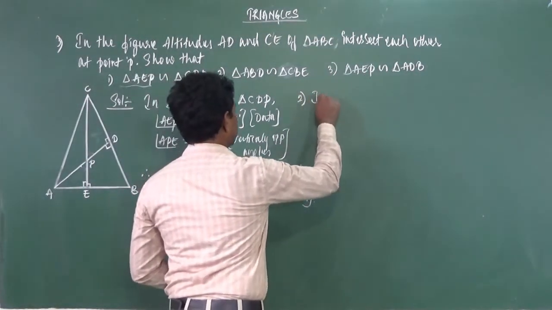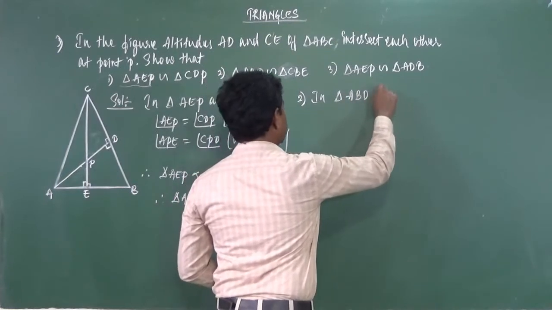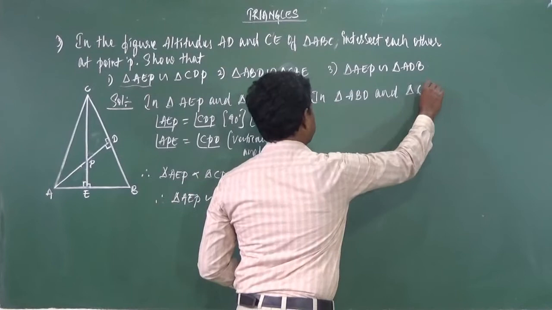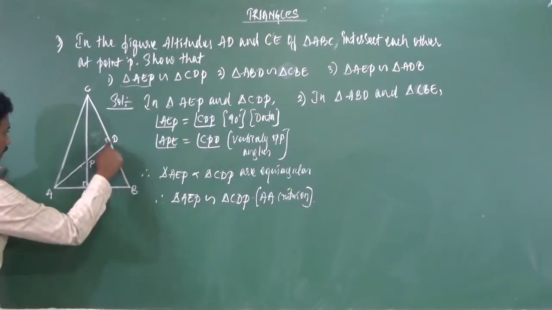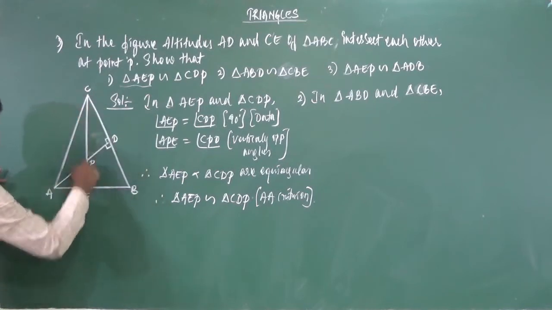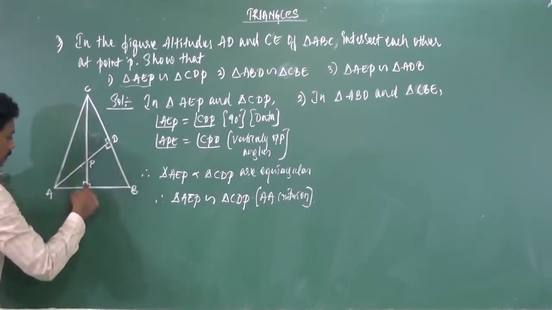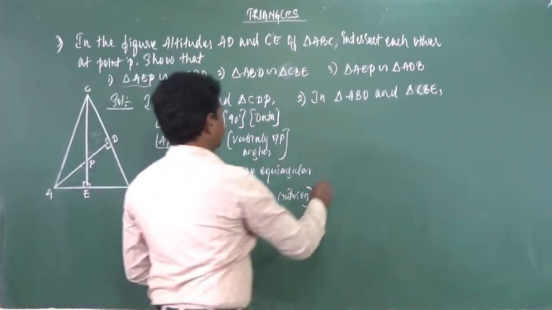In triangle ABD and triangle CBE, in both the triangles, angle ADB is equal to angle CEB because both are equal to 90 degrees.